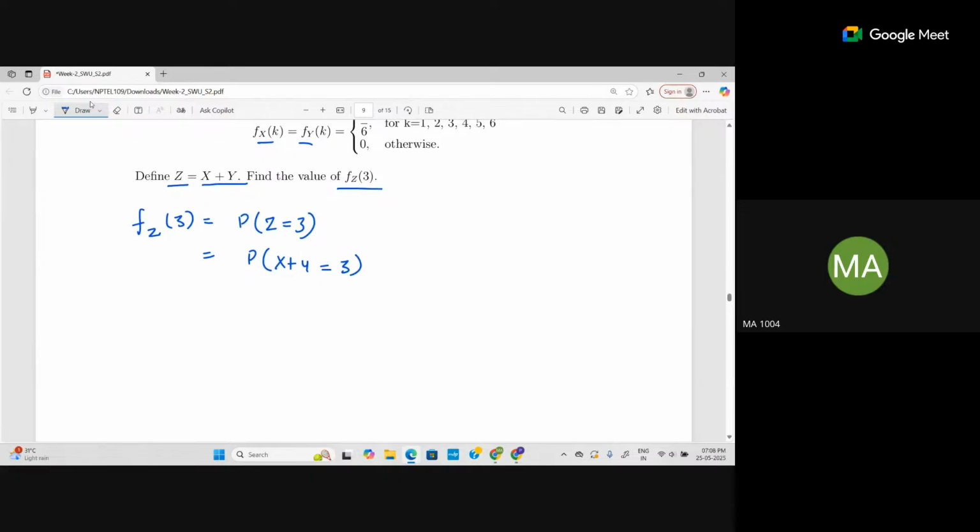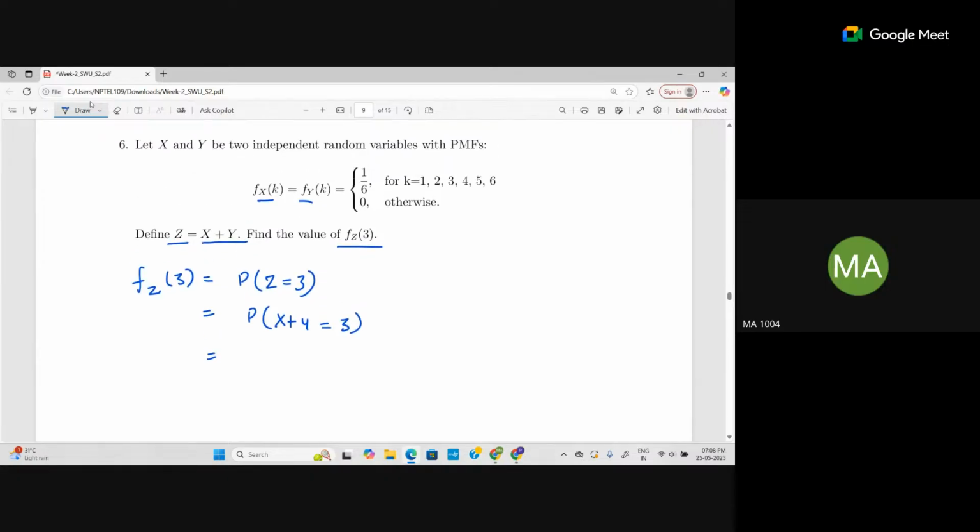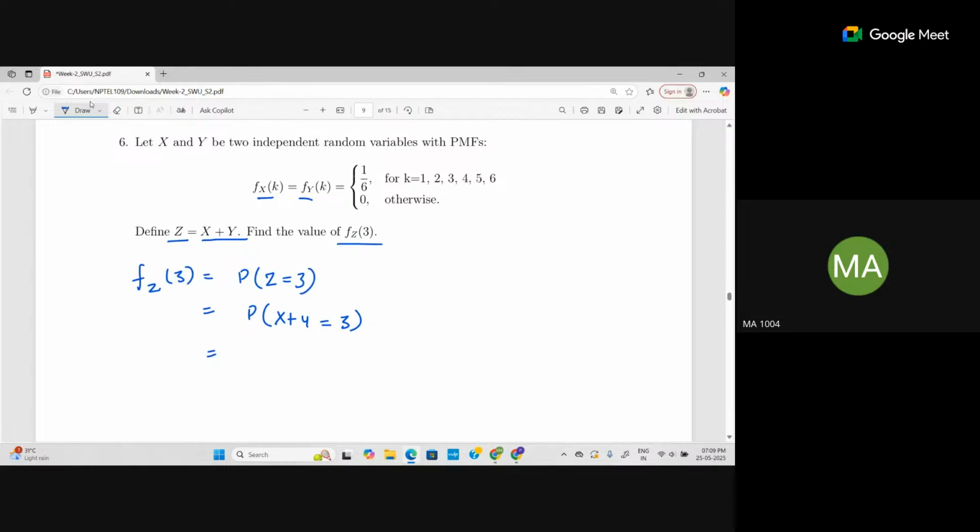Now you can see that x and y are discrete random variables, so we have to see in what cases x plus y will be equal to 3. This kind of question we have solved in week 1 also. So when x is equal to 1 and y is equal to 2, or when x is equal to 2 and y is equal to 1. These two cases will be there only.